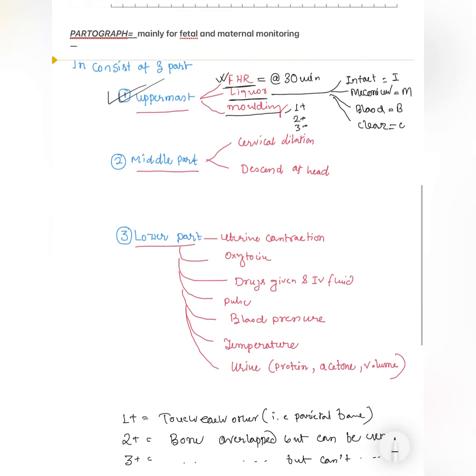Next is the middle part, in which we monitor cervical dilatation and descent of the head. Cervical dilatation is marked on the partograph as a cross, and descent of head is marked as a circle.